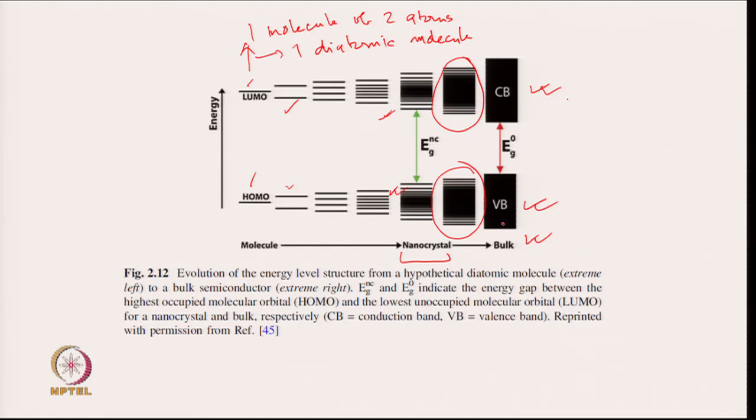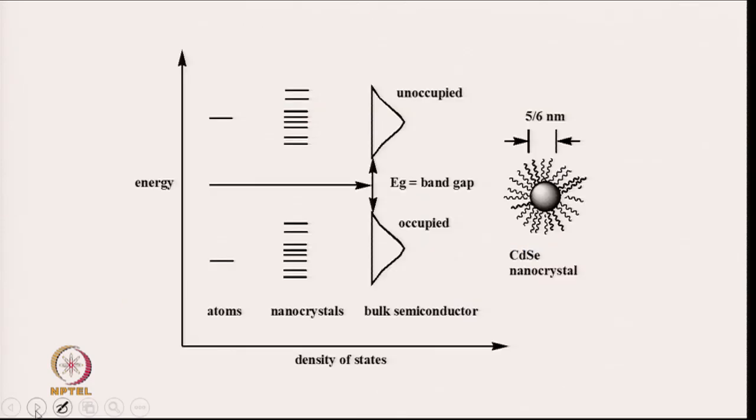Now, HOMO is known as the valence band, denoted by VB, and LUMO is known as the conduction band, and the gap is given by E0. In a nanocrystal, this is the way LUMO looks like, this is the way HOMO looks like, and the difference between them is given by Eg. Now, this is your energy profile for a nanocrystal or bulk semiconductor.